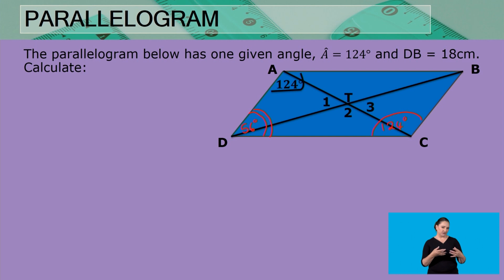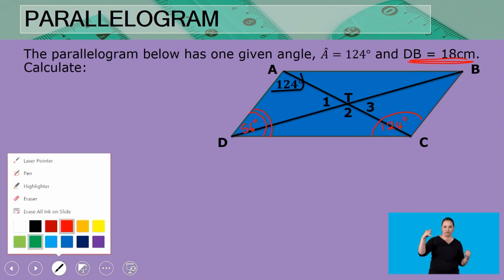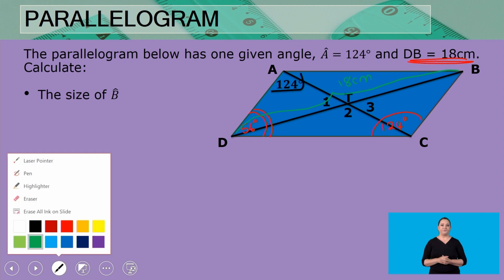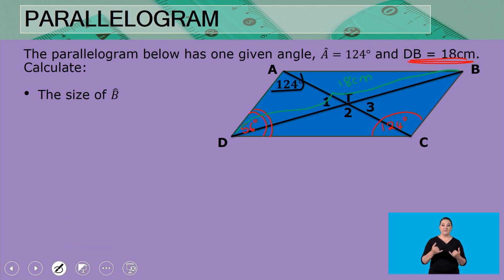Now, in the information, we were given that DB is equal to 18. Remember, DB is that diagonal. So we can note there that the size of DB is 18 centimeters. Now let's look at what we are required to calculate next. Next we need to find the size of angle B.